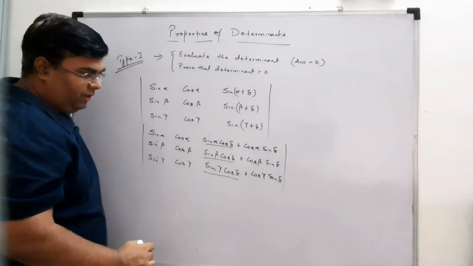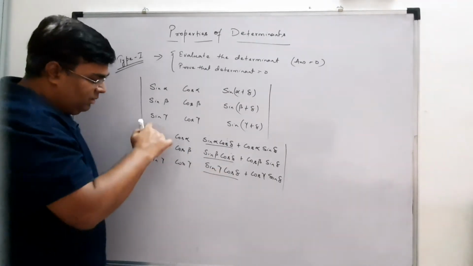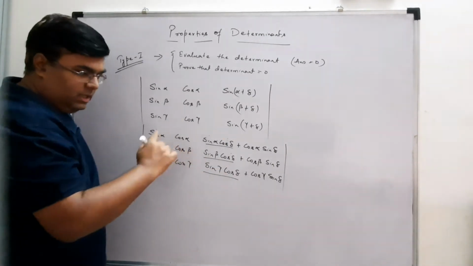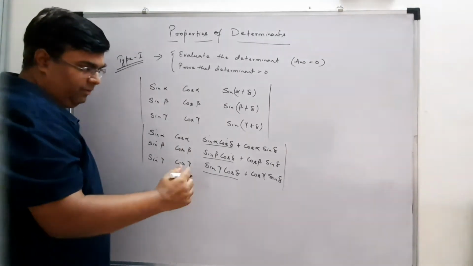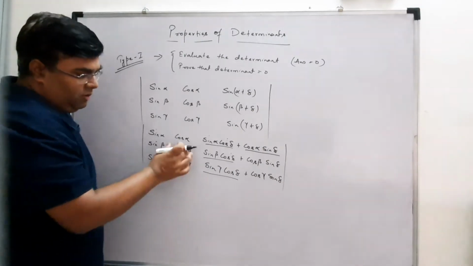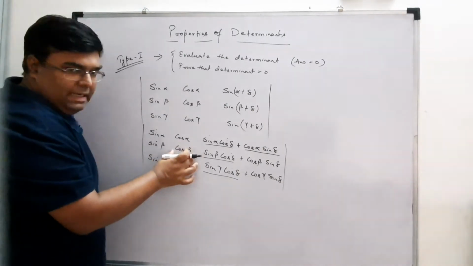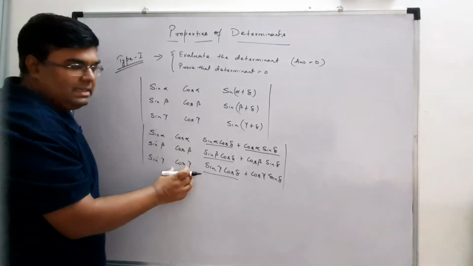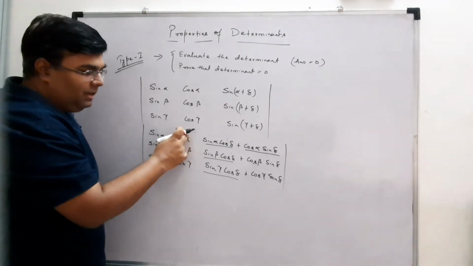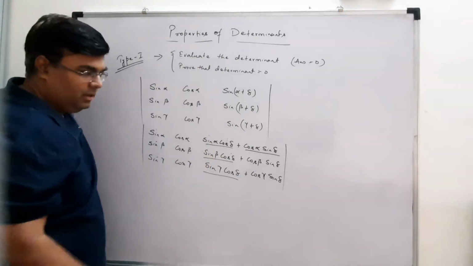So if I multiply cos delta to column 1, it will become the same. Similarly, if you look at the second term, cos alpha into sin delta, cos beta sin delta, cos gamma sin delta. So if I multiply this column by sin delta, the second term will come the same.